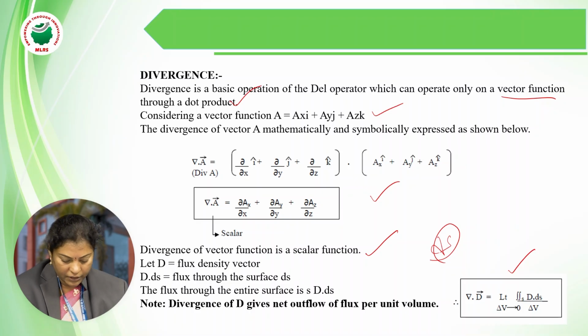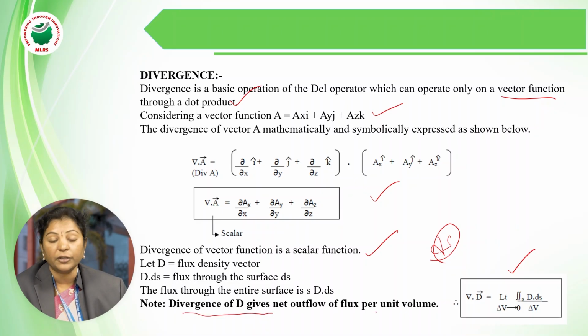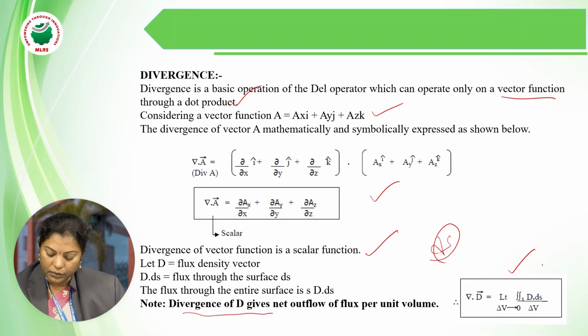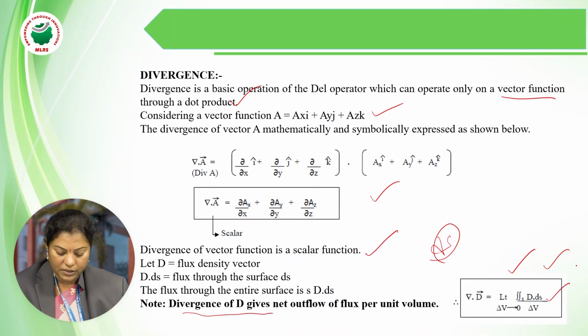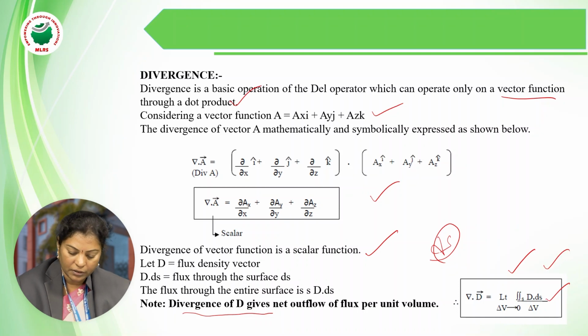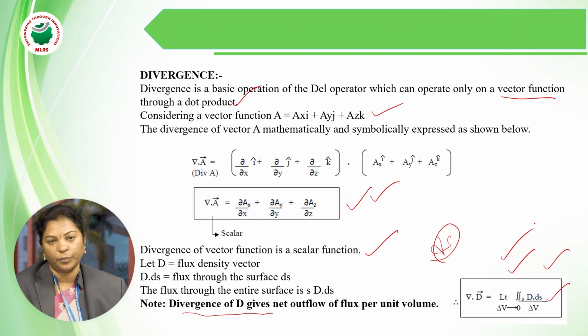The divergence of D gives the net outflow of flux per unit volume. So del dot D equals the limit as delta V tends to 0 of the closed surface integral of D dot ds divided by delta V. This is the mathematical expression, and that is divergence.